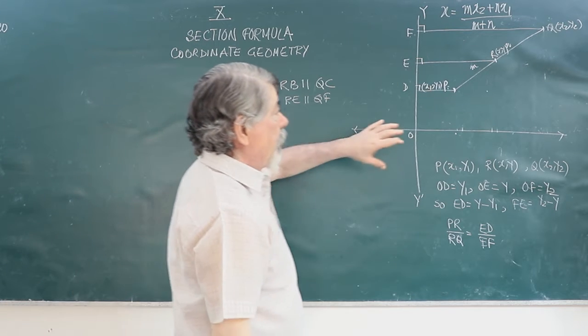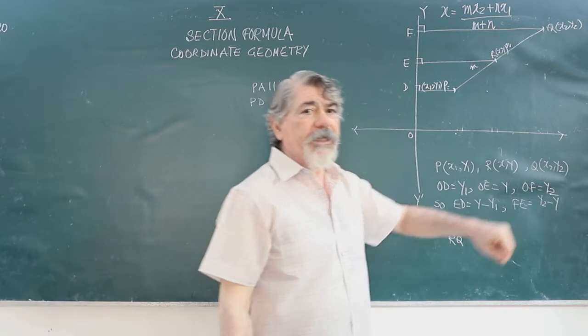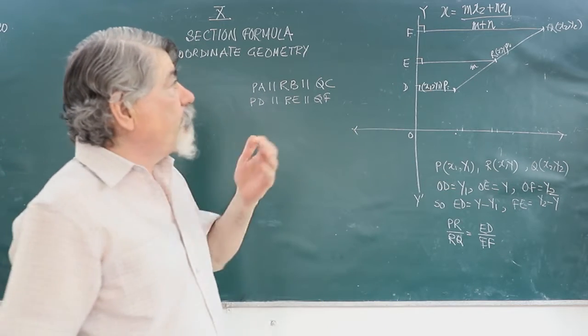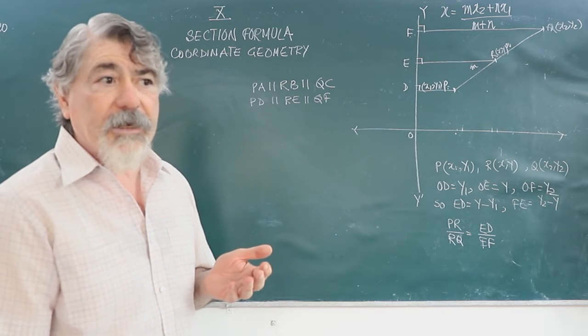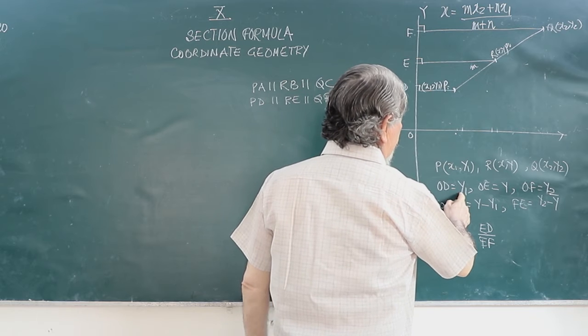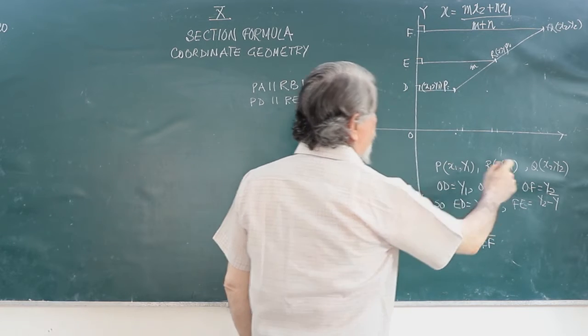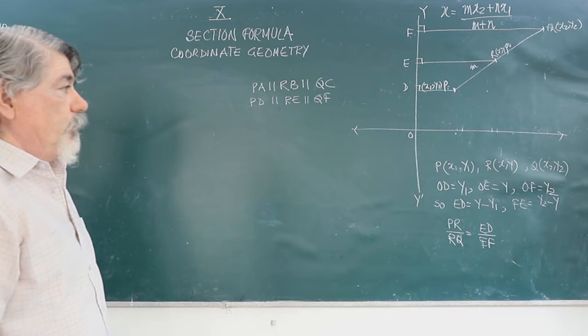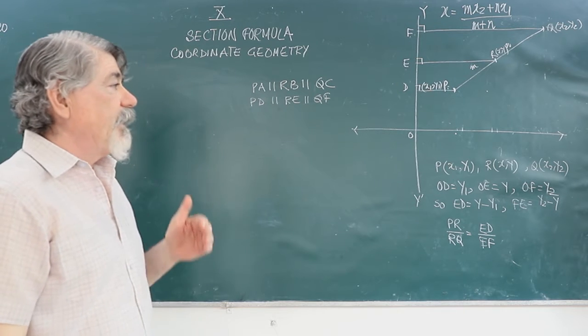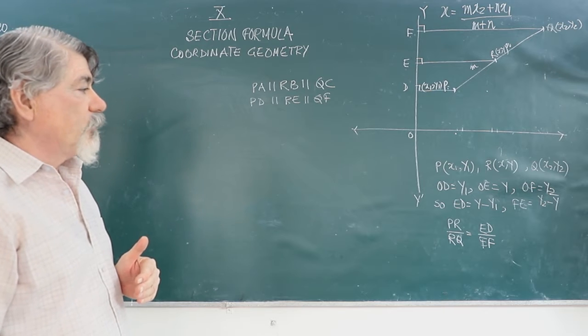They are making the same angle to the same line, and that is the property of parallel lines. So these lines are parallel to each other. Like when we dropped perpendiculars to the x-axis we calculated the x-coordinate, when we drop perpendiculars on the y-axis we will calculate the y-coordinate. OD is y1, OE is y, and OF is y2. We calculate ED as y minus y1, FE as y2 minus y.